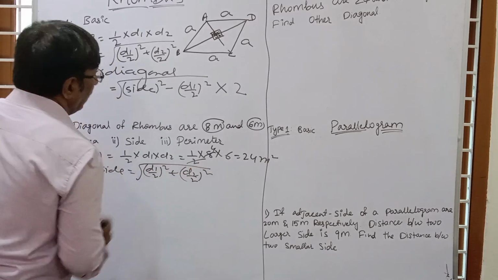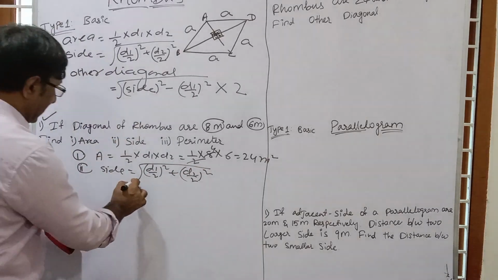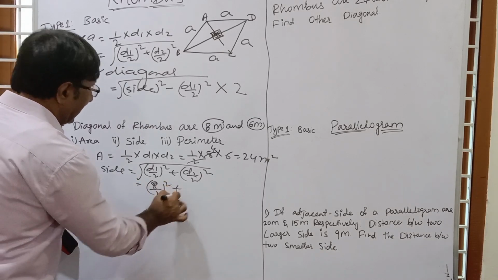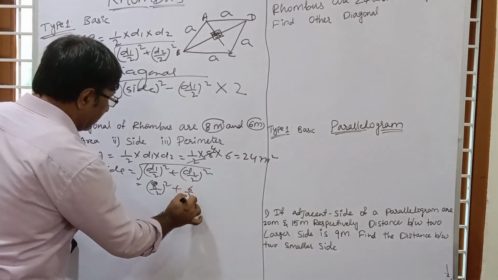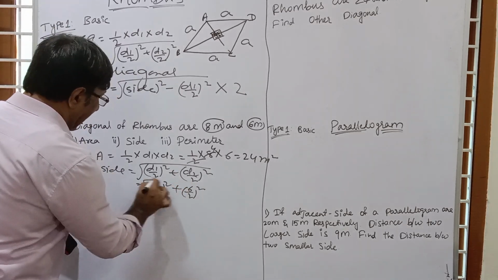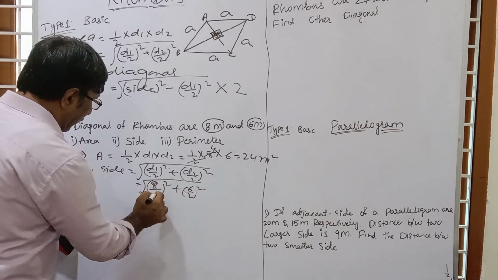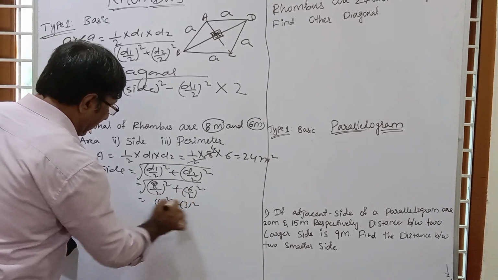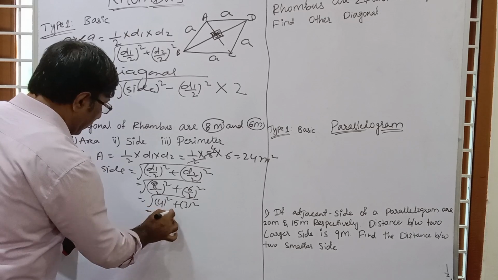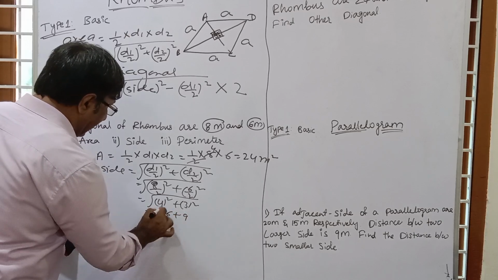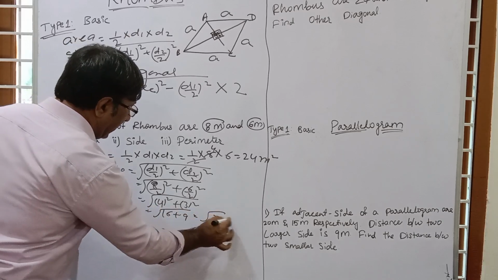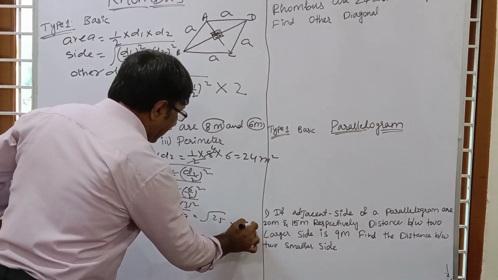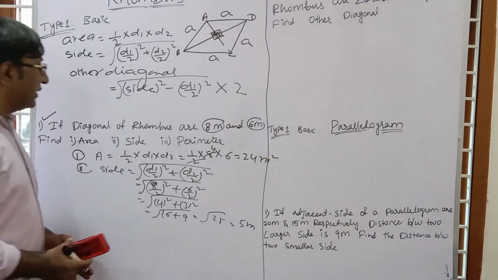Diagonal 1 is given 8, so this is 8 by 2 whole square, and diagonal 2 is given 6, so this is 6 by 2 whole square. 2 4 ja 8, that is 4 whole square, and 2 3 ja 6, 3 whole square. Now you know 4 square is 16 and 3 square is 9. So this is root under 25. The square root of 25, you know, is 5. So this is 5 meter. This is the side.